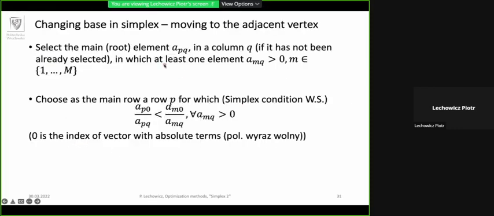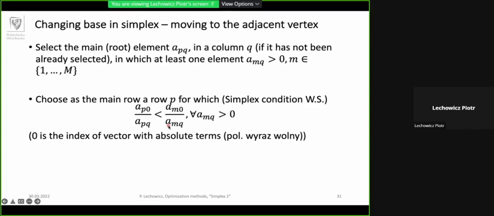So by changing the base in simplex, we are moving to an adjacent vertex, and we are doing this by changing the variables which are included in the base vector. So we are selecting a certain root element, APQ. This element has at least one positive variable in a column, and we are selecting the element for which we have the lowest value, called the simplex condition.